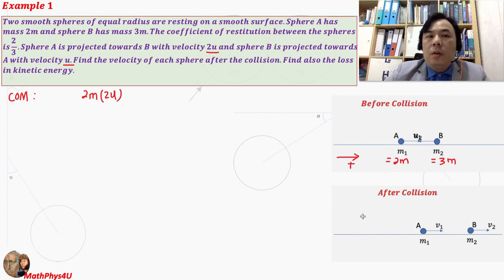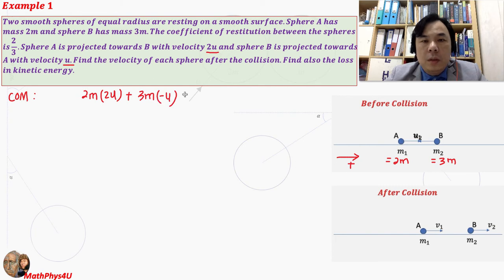The same for after collision, right? And then now because both of them move towards each other, we have to pay attention to the second motion here. So we have 3m, but it's moving in the opposite direction of u. So therefore that is a negative u here. That's the only thing you have to be very careful of.